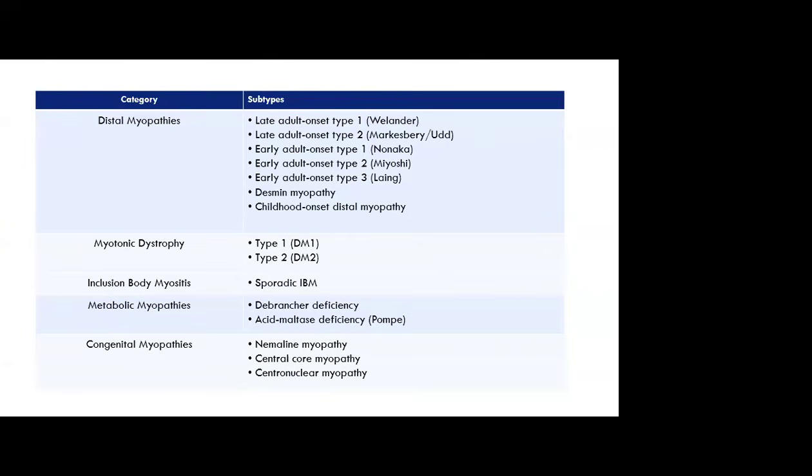Childhood onset distal myopathy is another distal myopathy, and myotonic dystrophies type 1 and type 2. Inclusion body myositis, that is sporadic IBM. Metabolic myopathies, debranching enzyme deficiency and acid maltase deficiency. Congenital myopathies can also present with distal weakness, that is nemaline myopathy, central core myopathy, and centronuclear myopathy.